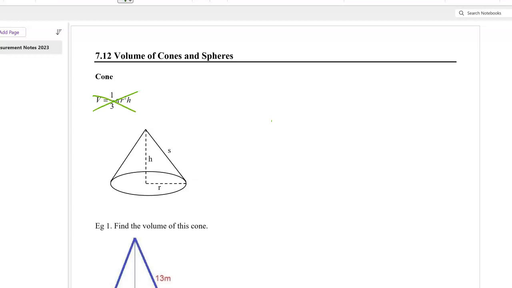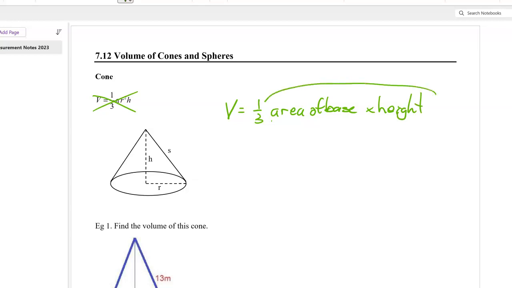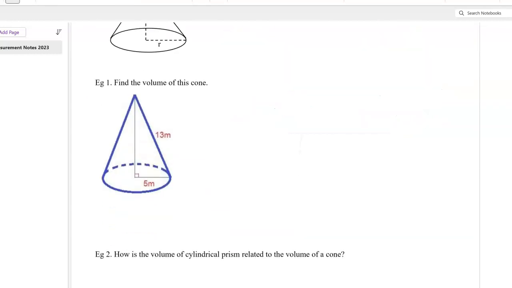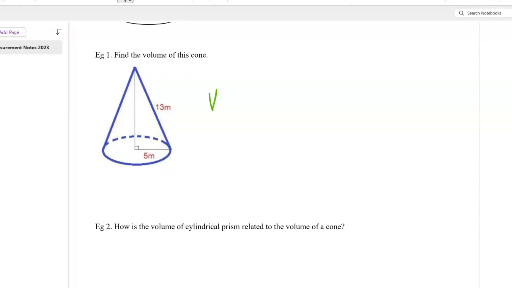I mean, if you want to use it, you can. But how do you find the volume? It's always 1/3 of the area of the base times the height. Okay, this is the volume of the prism, and a pyramid is always 1/3 of that.